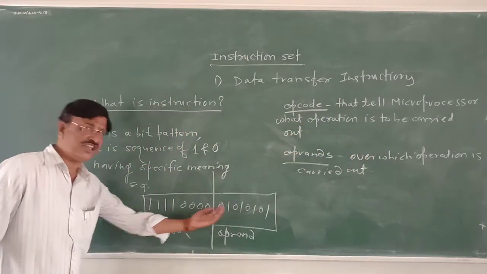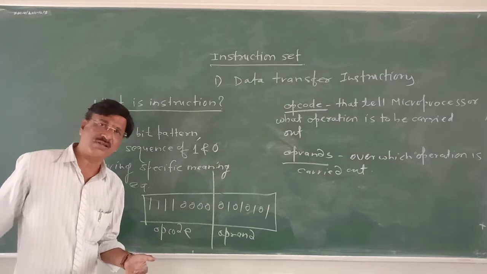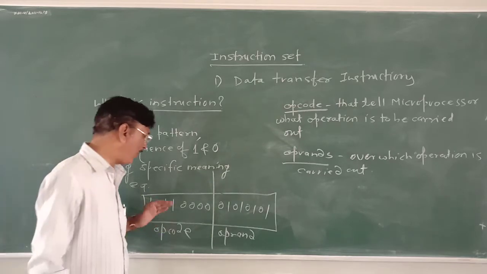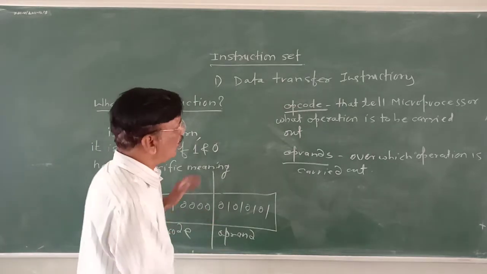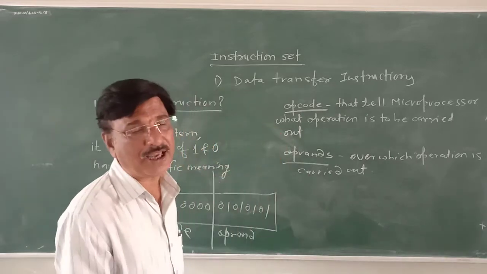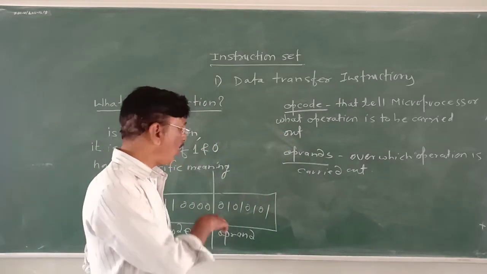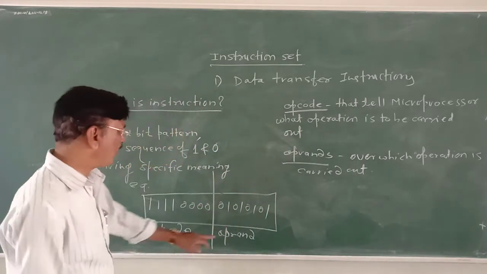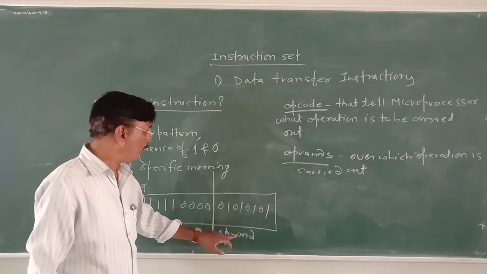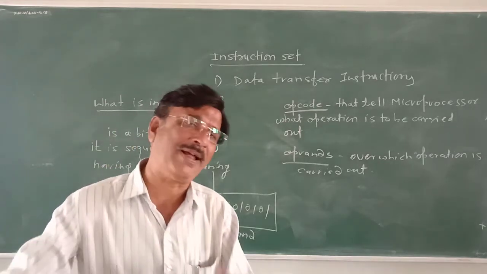So first we have seen what is instruction. Instruction is divided into two parts, that is opcode and operand. Opcode tells the microprocessor what operation is to be carried out, and operands are those over which the operation is carried out. Actually there are two operands, but one of the operands is specified while specifying the opcode.